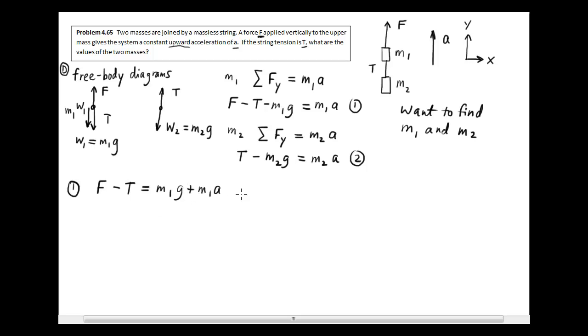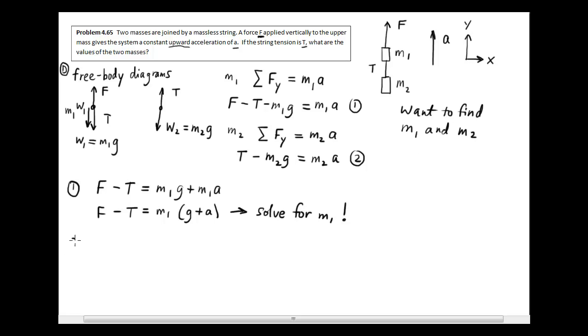And of course, the whole point of doing this is that I want to factor out the m1, make it g plus a. So F minus T is equal to m1 times g plus a. And as I said before, everything in here except for the m1 is given. So I will leave the last step to you to solve for m1, right? And then we're done. We figured out what m1 is.